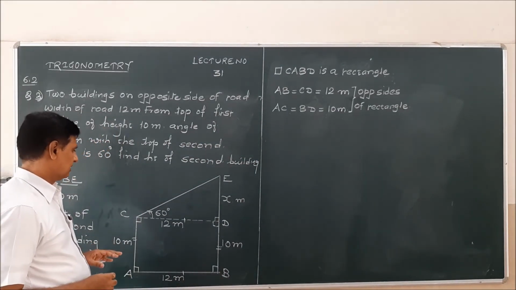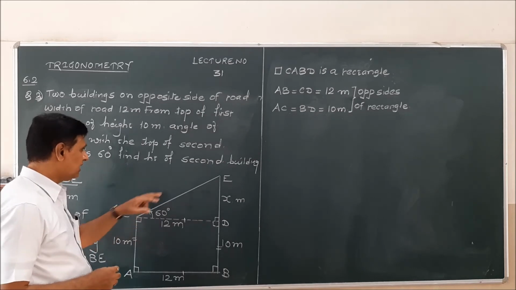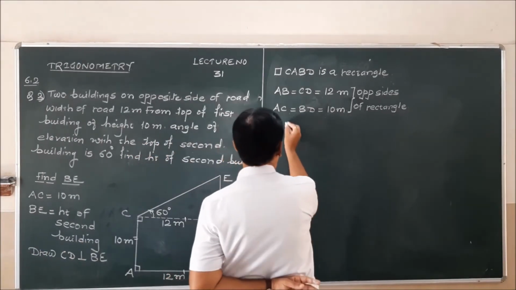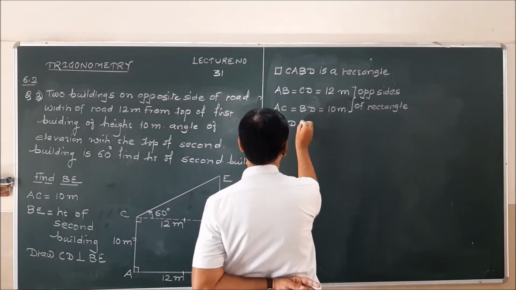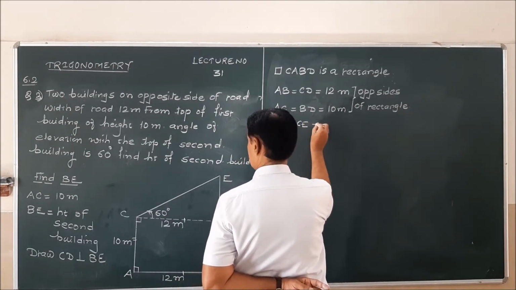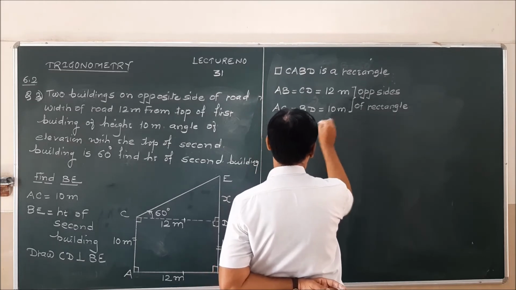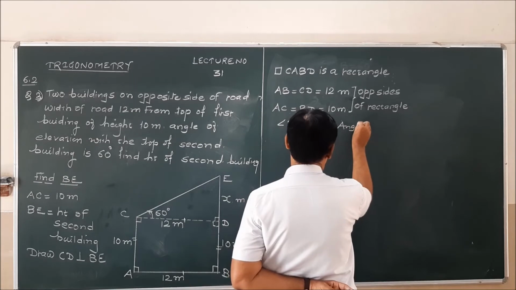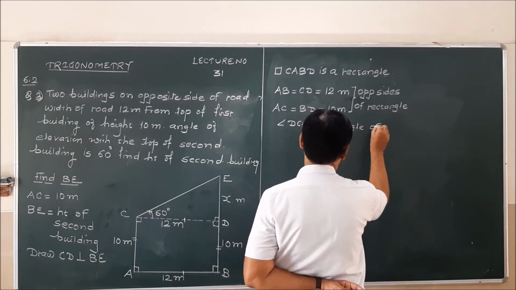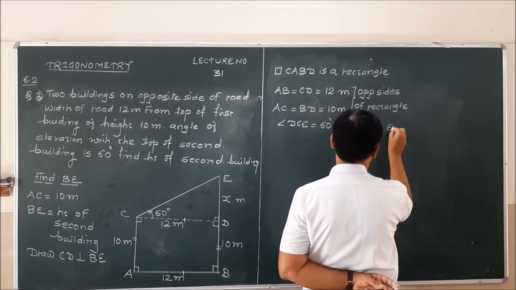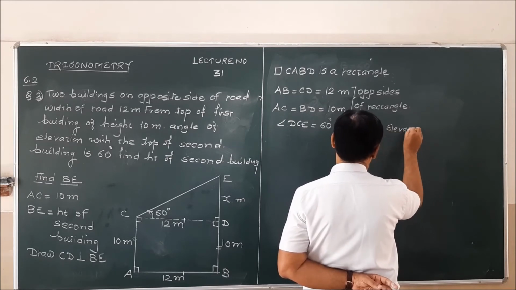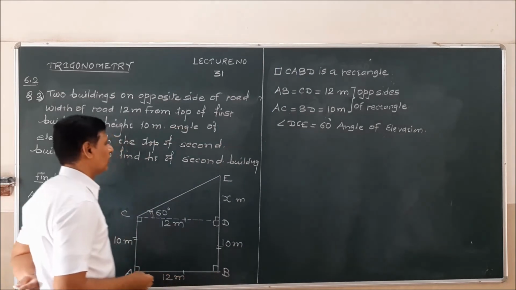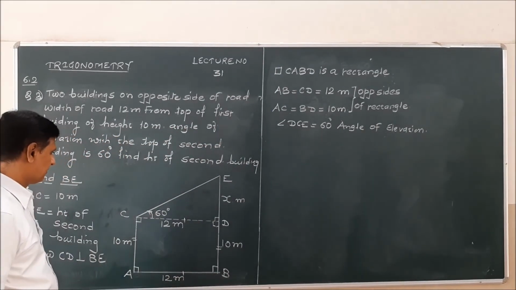Then you will find angle DCE is equal to 60 degree. Angle of elevation, we got it as 60 degree.